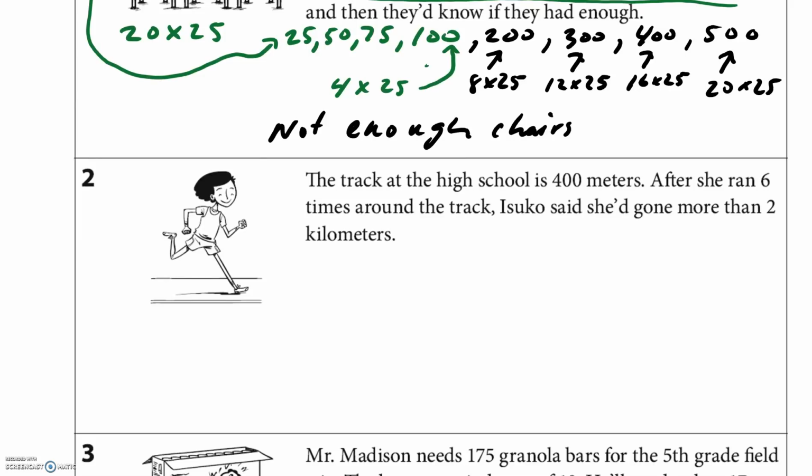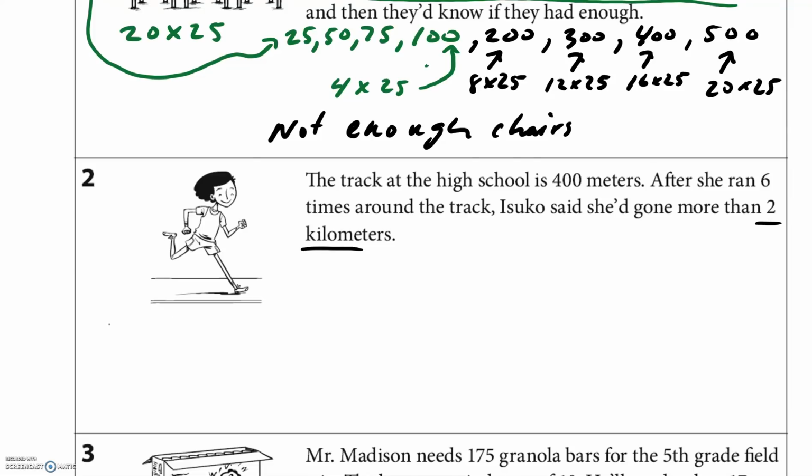The track of the high school is 400 meters. That's the standard track. After she ran 6 times around the track, Masuko said she'd gone more than 2 kilometers. So we have to know a couple things, and we have not reviewed this yet this year. So this is like, can we pull this back out from what we know? We need to know how many meters are in a kilometer.